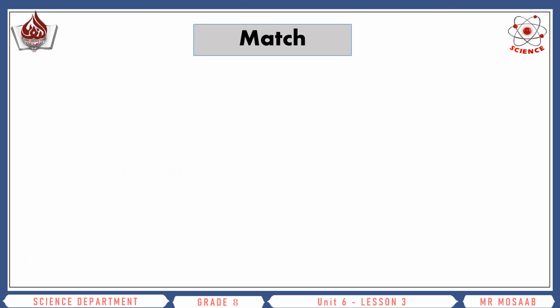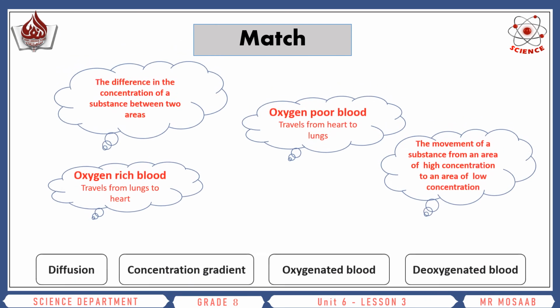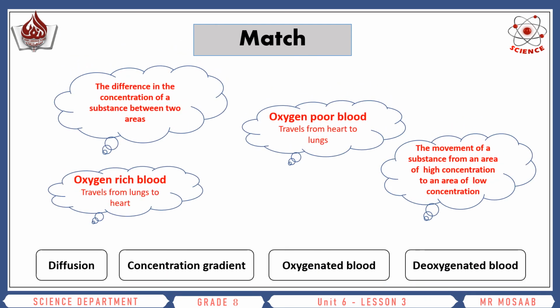Now, let's match. Who can tell us the meaning of diffusion? Diffusion means the movement of a substance from an area of high concentration to an area of low concentration. What's the meaning of concentration gradient?